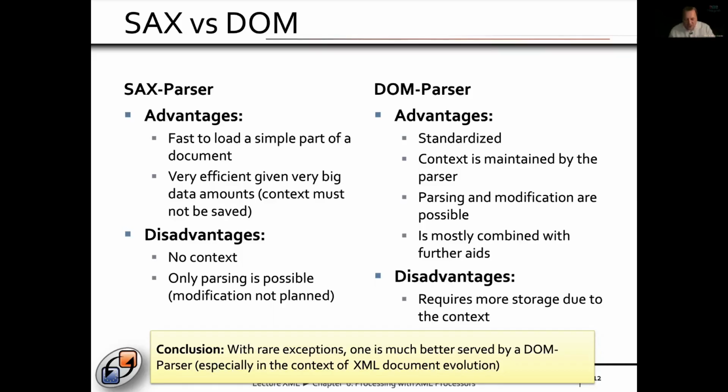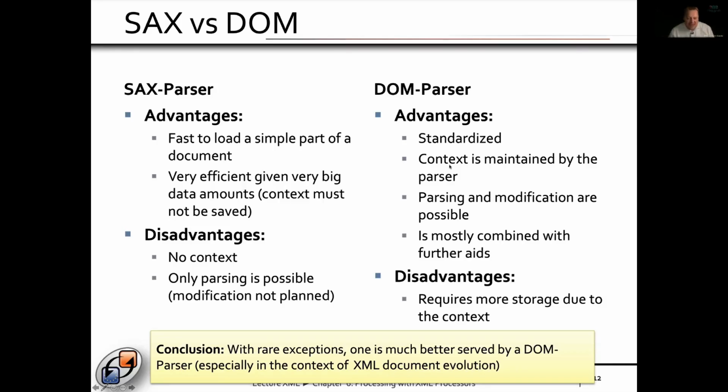This is totally different if you're looking at the DOM parser. The DOM, the document object model approach, is full of luxury. First of all, it's a standard. That means you can use that with every kind of programming language, every kind of system that supports the document object model.